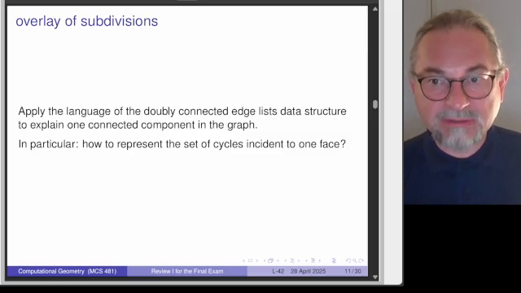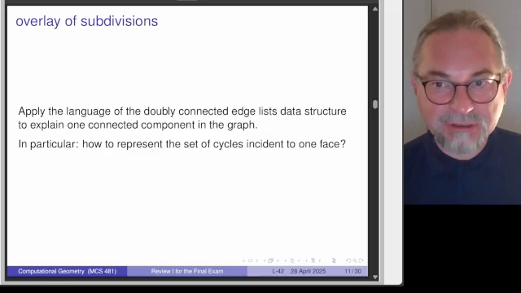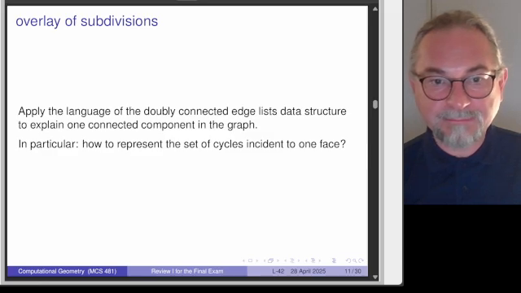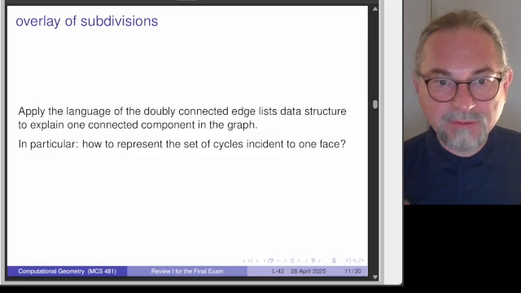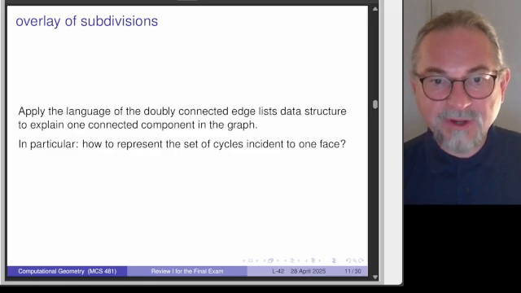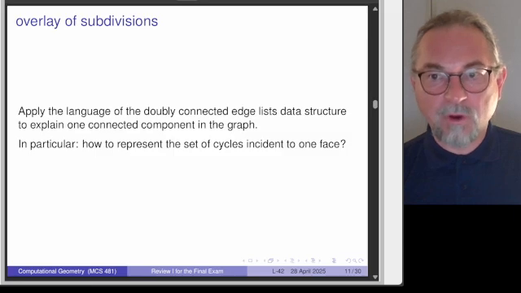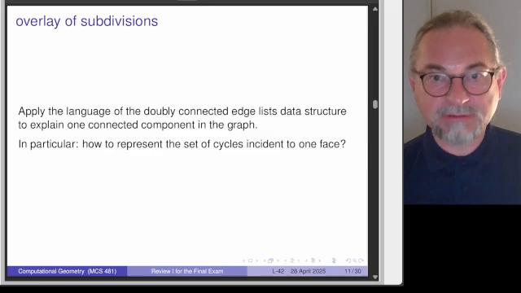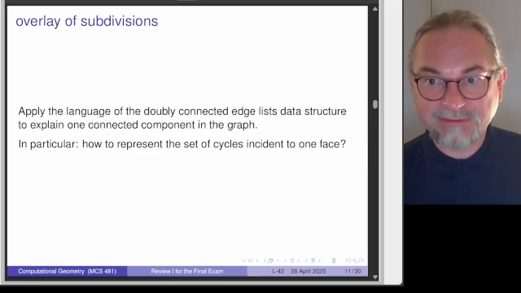What is the application of the doubly connected edge list to represent the statement of that lemma? So how can you represent the cycles, the set of cycles incident to one face? How is that stored in a computer, in a data structure?